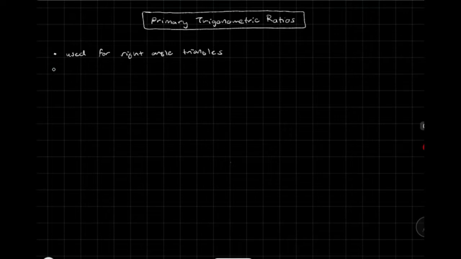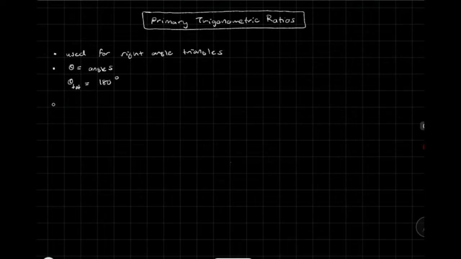Theta is used to represent angles in a triangle, or in any geometric shape, and we know that the total sum of angles in a triangle should be 180 degrees. Okay, so keep this in mind.